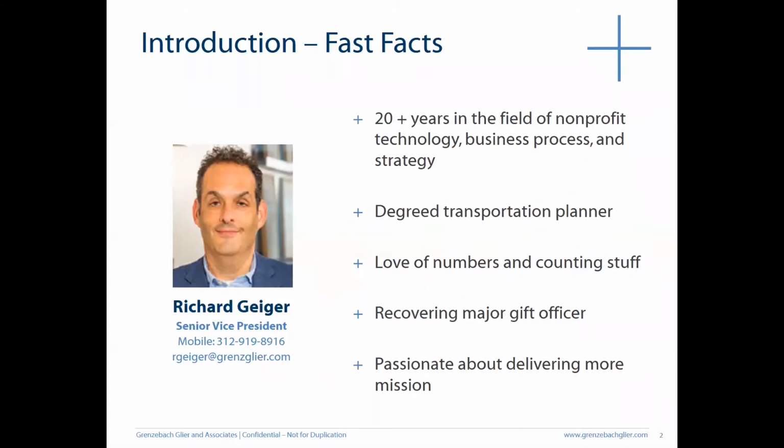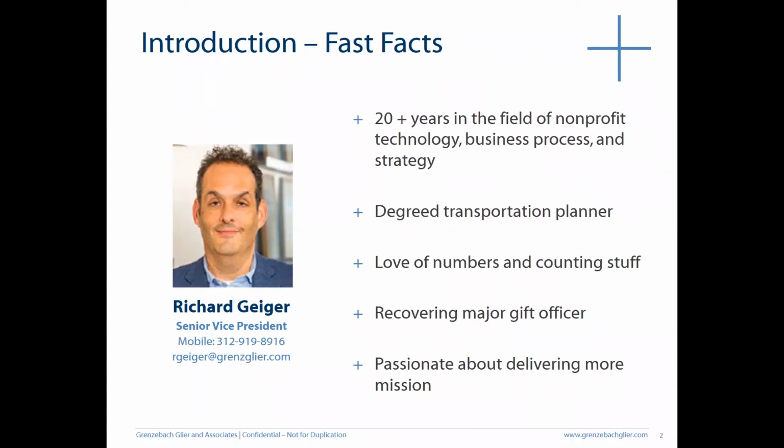My background is in transportation planning, and I sort of grew up in my first sets of jobs counting cars and buses and pedestrians and seeing how many parking spots you needed, and looking at alternative fuel vehicles and the Clean Air Act and all those kinds of things.